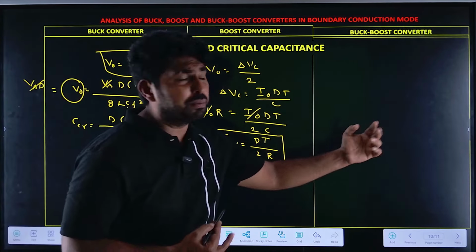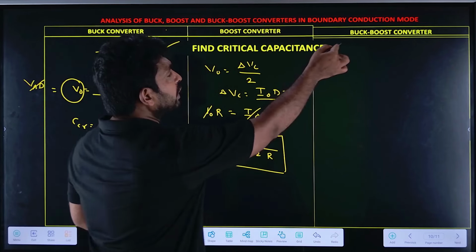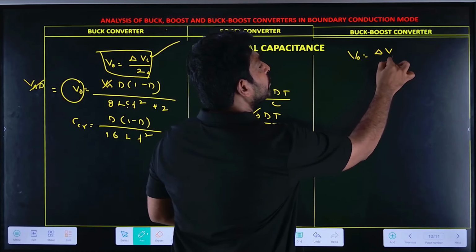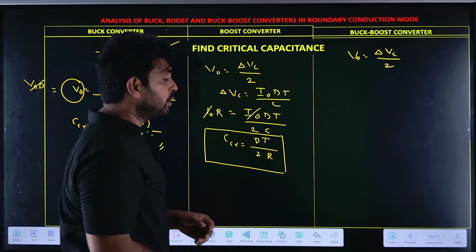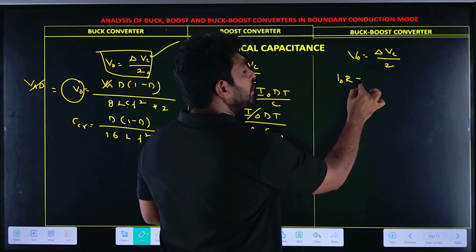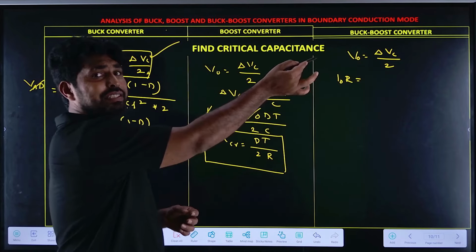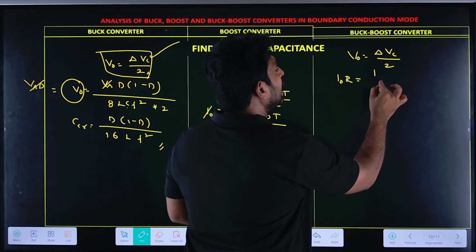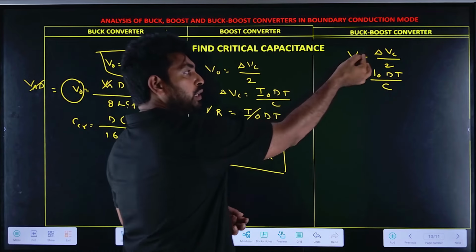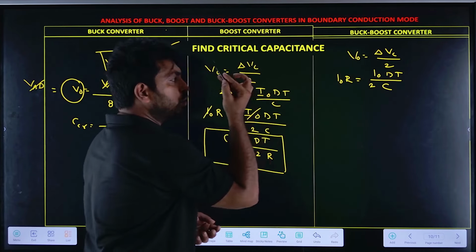Let us find it for the buck boost converter. Again V naught equals delta Vc by 2. V naught equals I naught into R, which I will replace. Delta Vc equals a similar expression we got, I naught into dt divided by C, and by 2 is there, so by 2C.